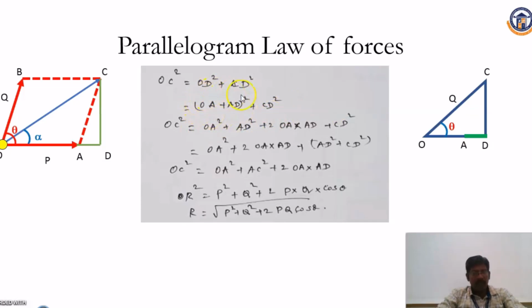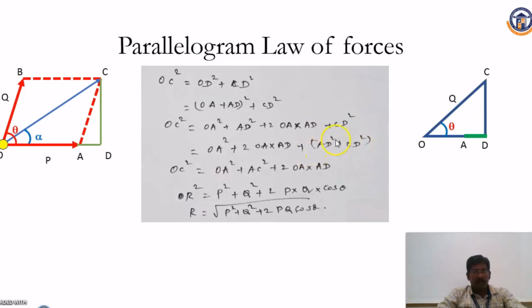See, this OA plus AD whole square can be written using the formula A plus B whole square, which is A square plus B square plus 2AB. So hence OA square plus AD square plus 2 OA AD, plus this CD square. So from the previous equation, we can observe that AD square plus CD square.